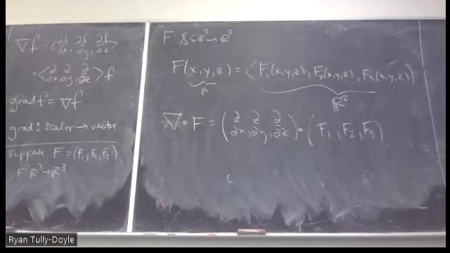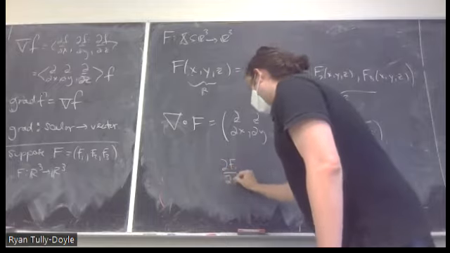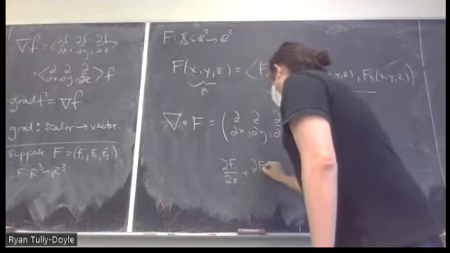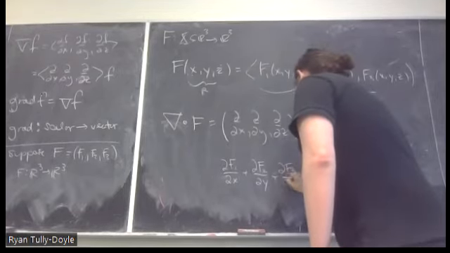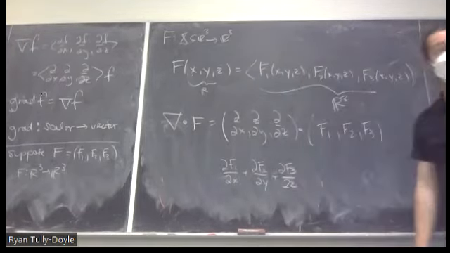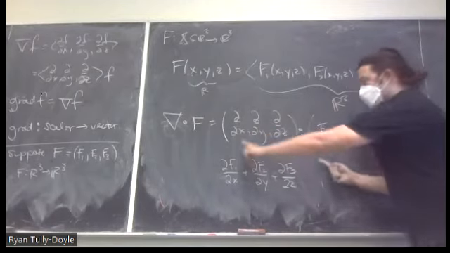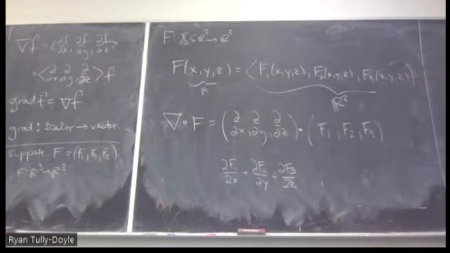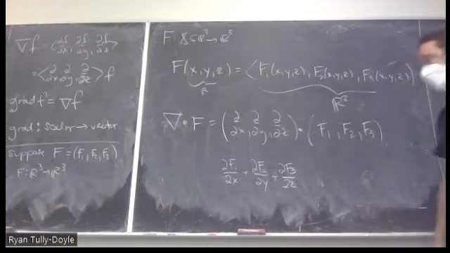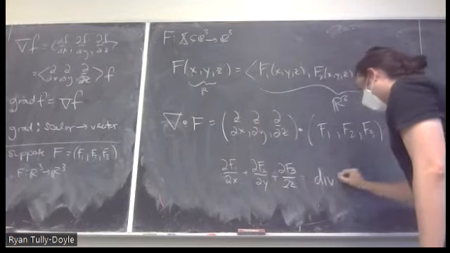It looks weird, but this is df1 dx plus df2 dy plus df3 dz. This times this, this times this, this times this, and add them all up. That's how you do a dot product, right? Dot product 2 vectors, you multiply and then add. And this quantity right here is called the divergence of f.